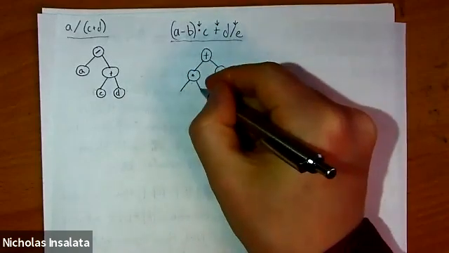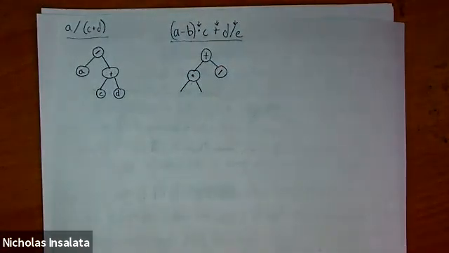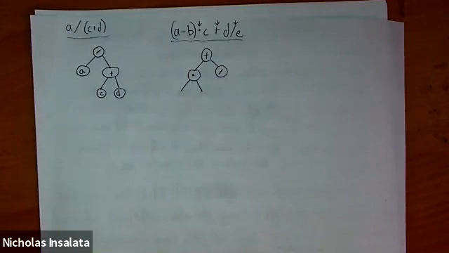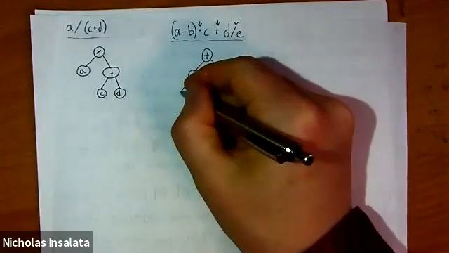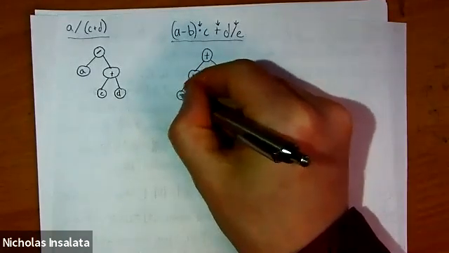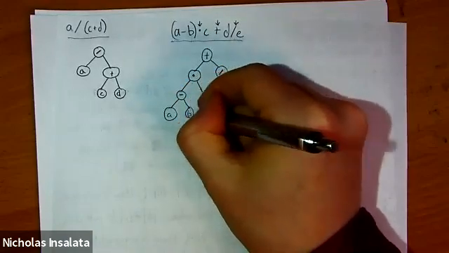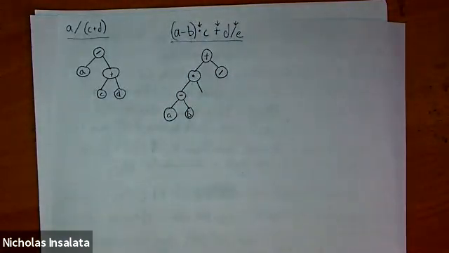So in general, what's the left subtree of the multiplication going to look like? Not the left child, but the entire left subtree of the multiply. What's that going to be? A minus B, right? Where, of course, the operator is the internal node. The A and the B are the leaves. Okay, what about the right subtree of the multiply?